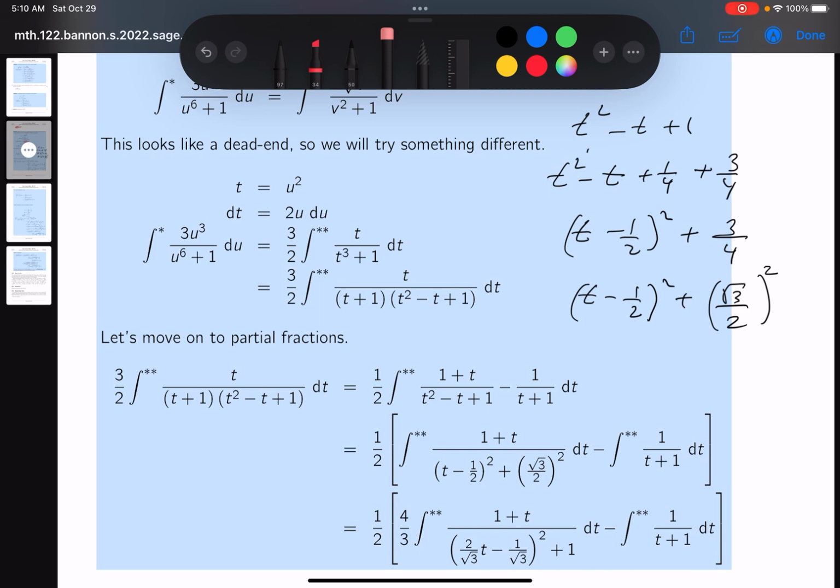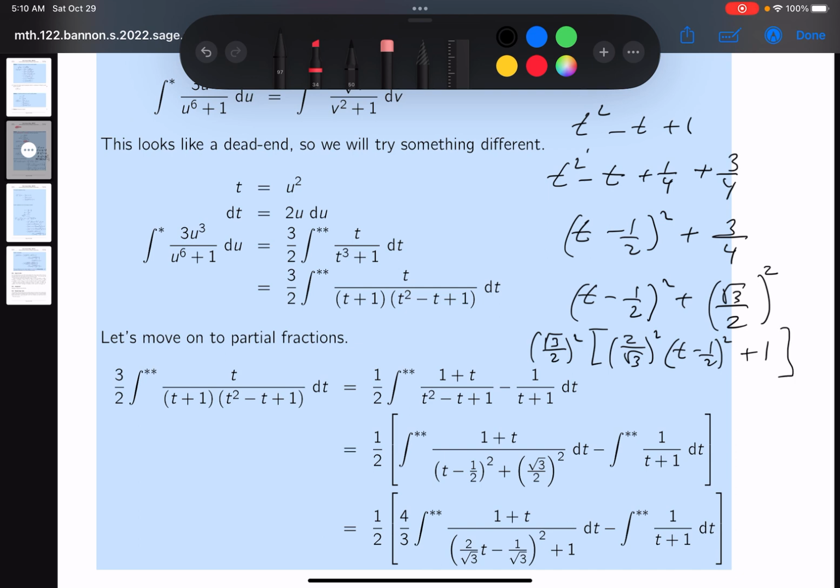So I'm going to factor out root 3 over 2 squared. And I'm factoring that. What would I get? I would get 2 over root 3 squared times t minus 1/2 squared plus 1. All right? So let's keep going with that.